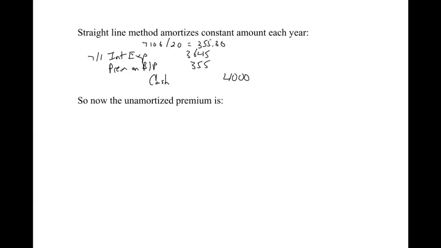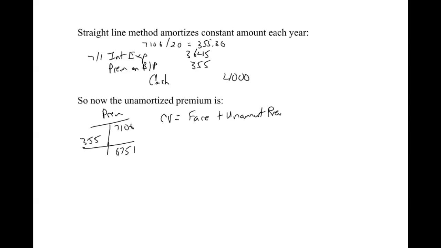So we could do this journal entry over and over again. The unamortized premium and carrying value now: we started with 7,106. We just amortized 355, so this account has gone down to 6,751, and it would continue going down every time that we amortize it. Remember the carrying value is face value, and you would subtract an unamortized discount or add an unamortized premium.